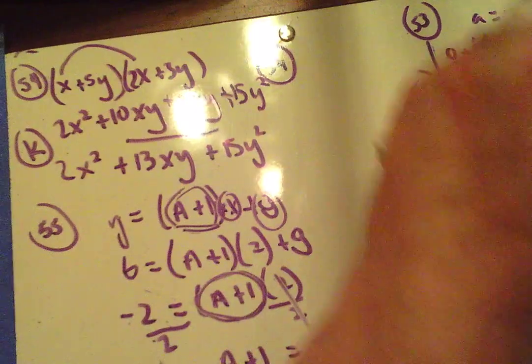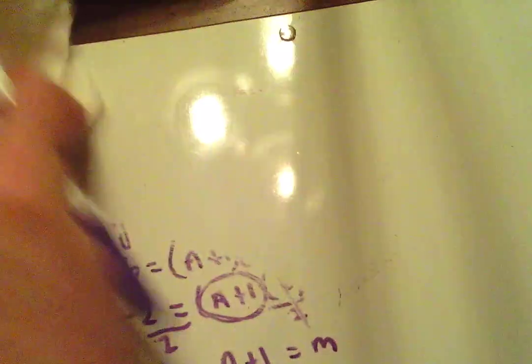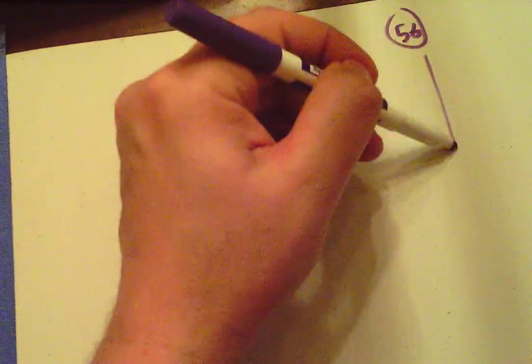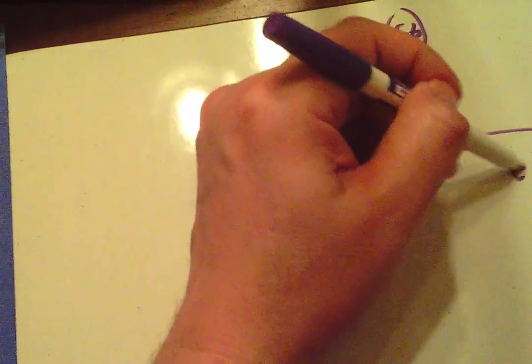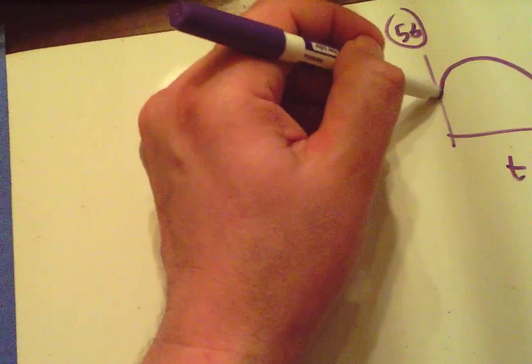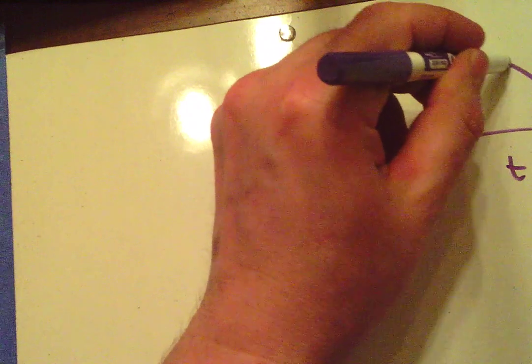Okay, problem 56 says, there's a graph, this is height, this is time, baseball. So this is, a baseball is hit from a certain height, goes up in the air, comes down and hits the ground after a certain amount of time.